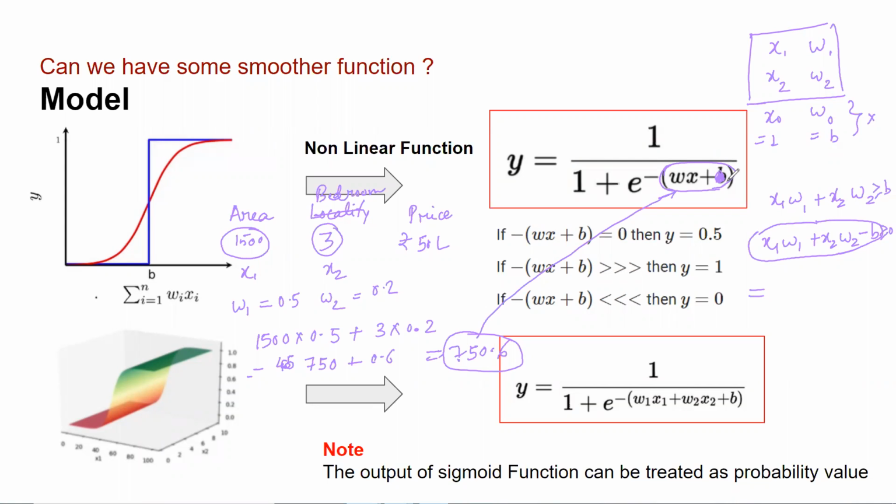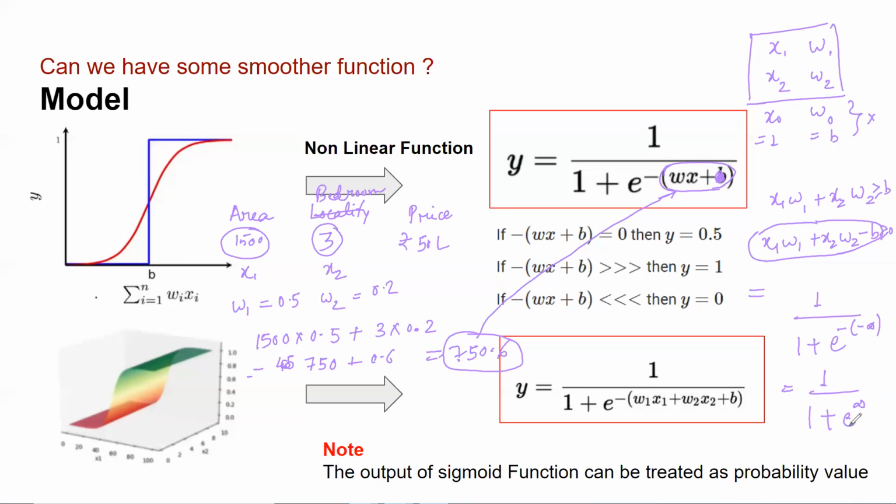Although we have covered this one, let me explain this one more time. Here, what is the minimum value you can expect for this? What is the lowest value you can expect? Minus infinity, yes, of course. If you put minus infinity here, what will be your calculation? 1 upon 1 plus e raised to minus infinity, which is 1 upon 1 plus e raised to infinity.